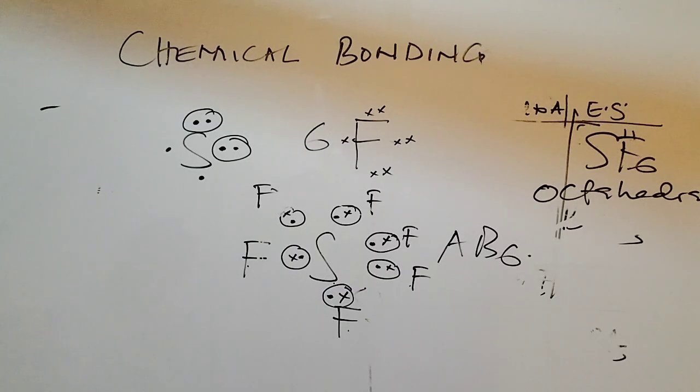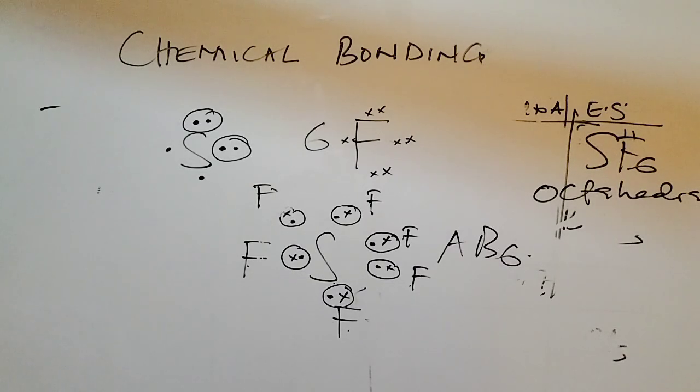So having done that, the next thing is this. We are seeing the situation whereby the central atom has no lone pair. When it has no lone pair and is bonded to 2 atoms, linear shape. No lone pair on the central atom bonded to 3 atoms gives us trigonal planar shape. No lone pair on the central atom bonded to 4 atoms gives us tetrahedral shape.